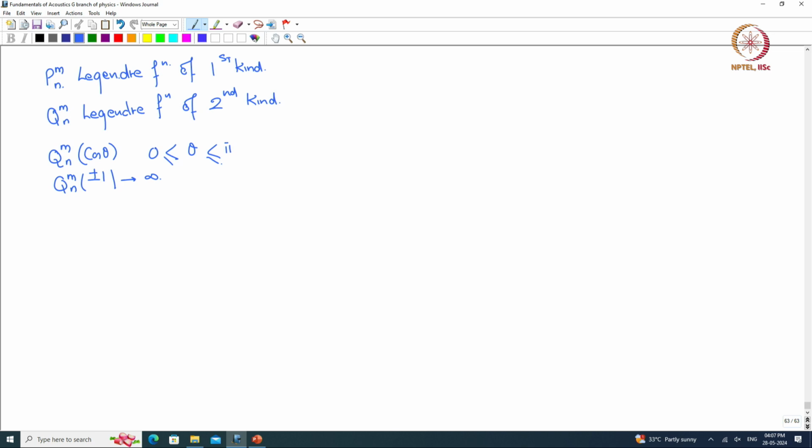So if we are interested in a domain where theta equal to 0 and theta equal to pi are included, a part of the problem, included in the physics, then Qmn cannot exist, and therefore its coefficient, which is theta 2, must be set to 0. Okay.